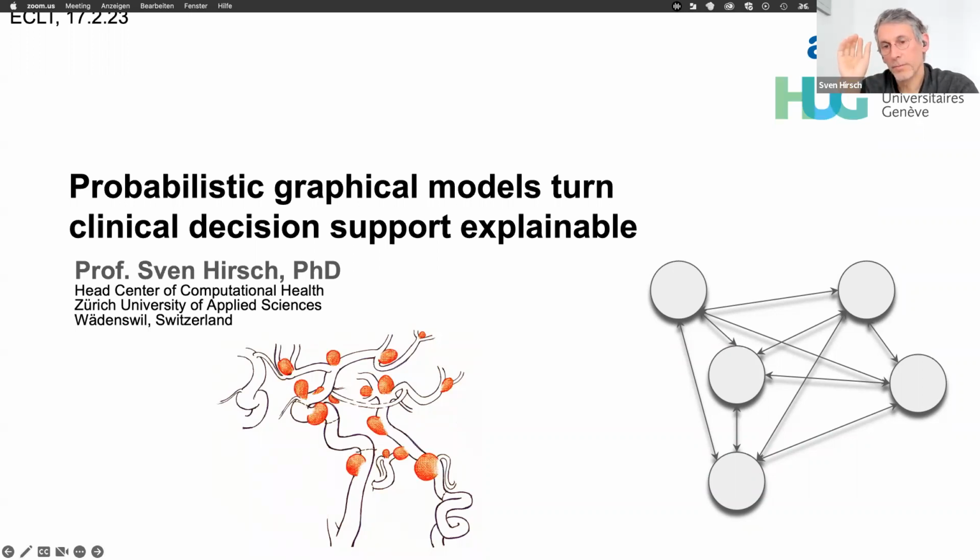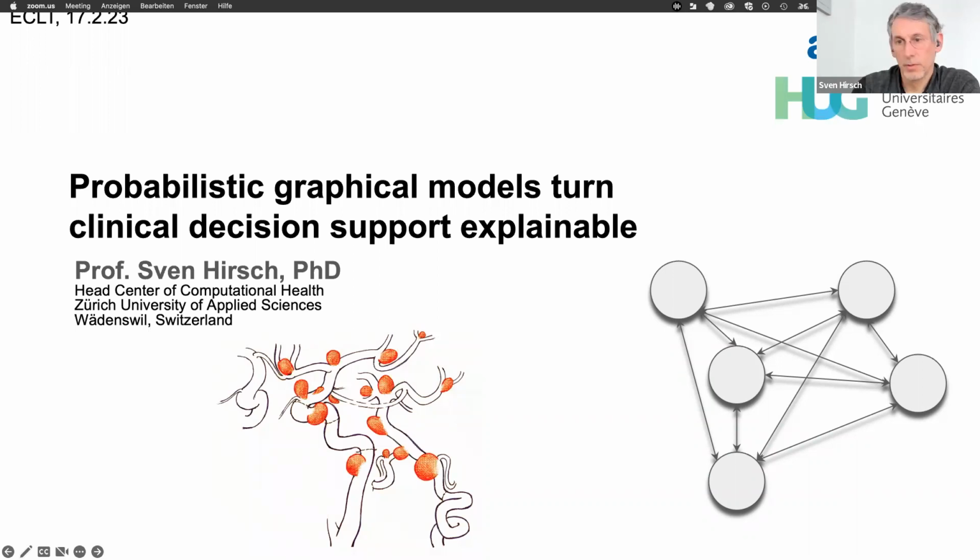I will show you work that we've done on the way to these probabilistic graphical networks, how that all converges, and also where there are some dangling ends open that we need to cover in the near future.